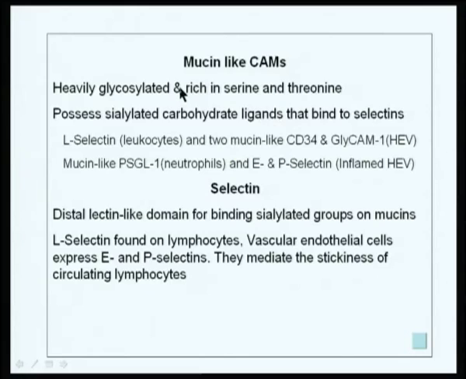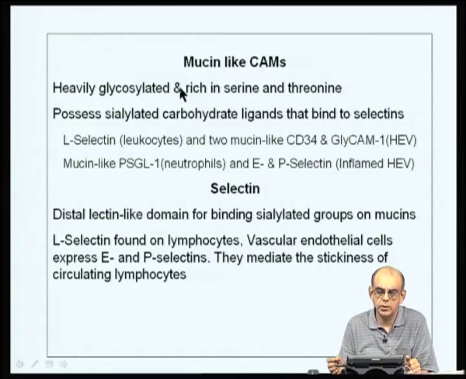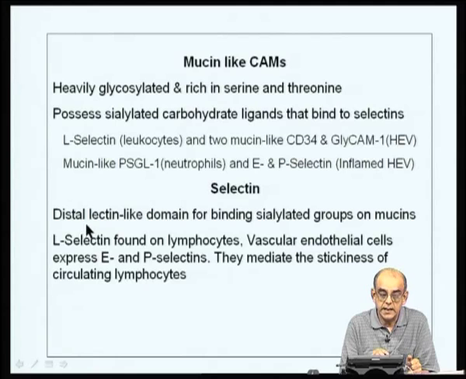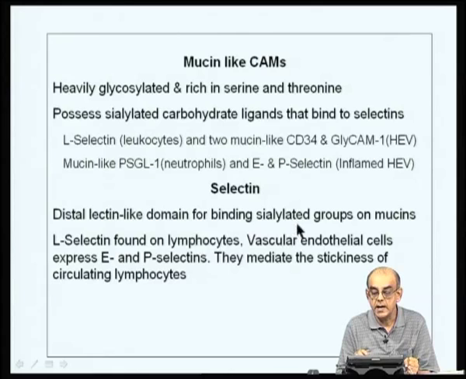If you look at these different structures, or this family of adhesion molecules, you find that these sialylated carbohydrate ligands are bound by selectins. And why selectins? Because selectins have a distal lectin like domain, which has the ability to bind sialylated groups on these mucin molecules. Various kinds of selectins are found, and one of them is L-selectin, found majorly on lymphocytes.